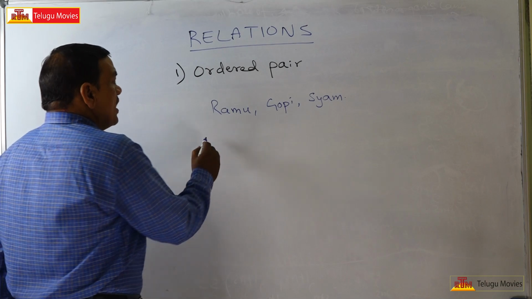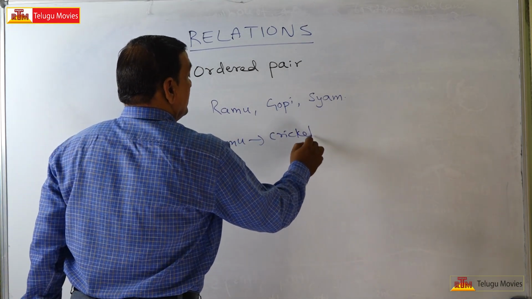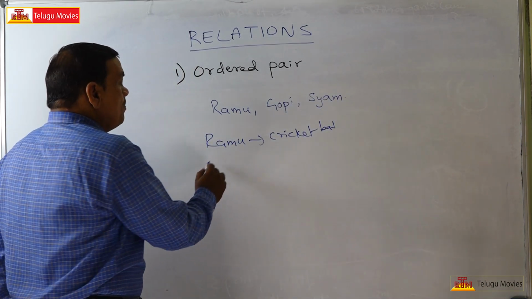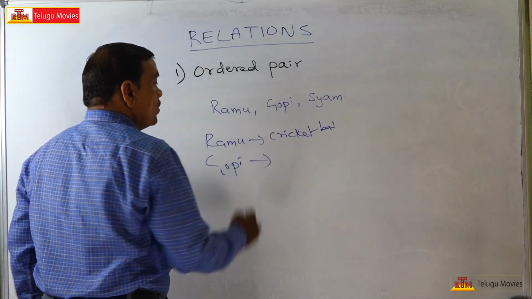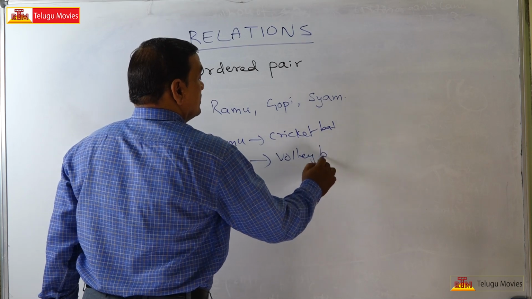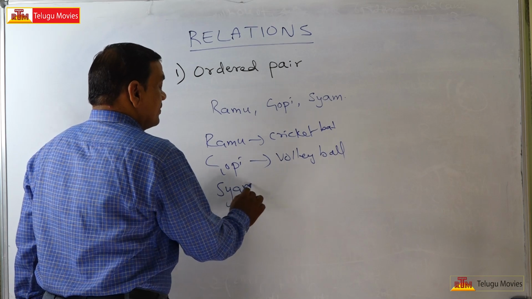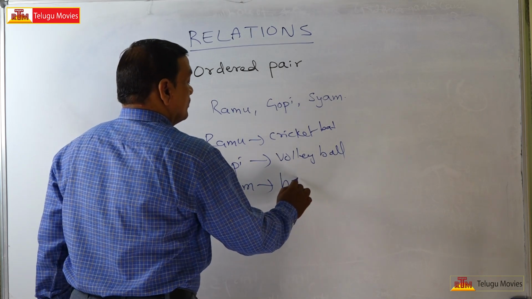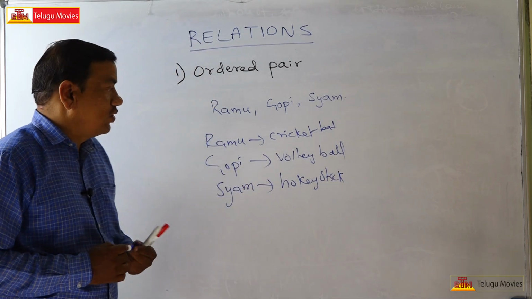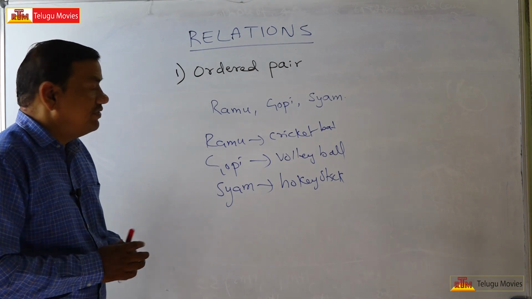Ramu selected a cricket bat to play. Gopi selected volleyball. And Shyam selected a hockey stick to play the game.